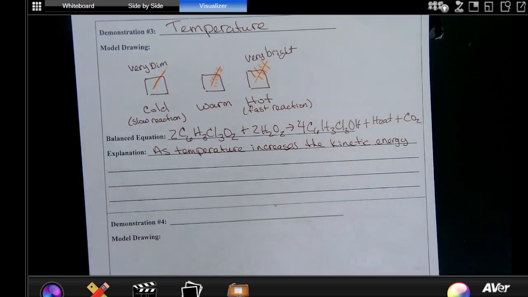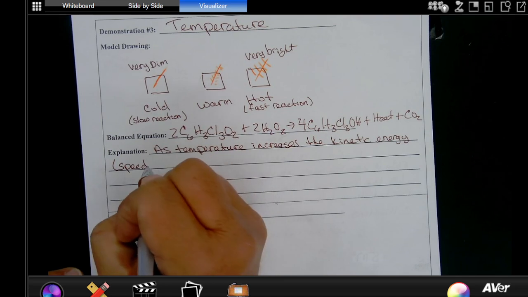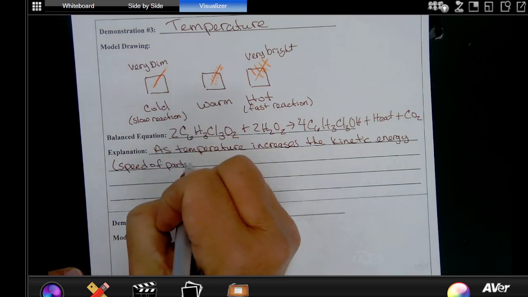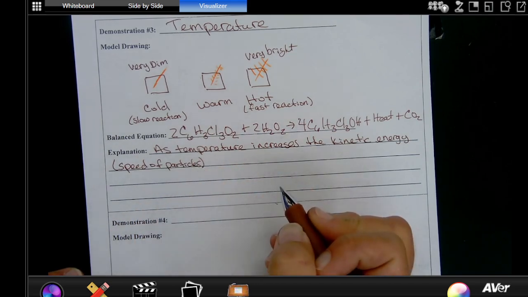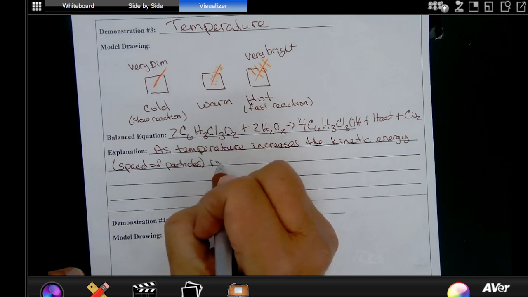We reminded ourselves yesterday, what is it? Kinetic energy is what? Amelia, what was it? You said it. Speed. Good. That's our speed of particles, or molecules, okay? Increases.